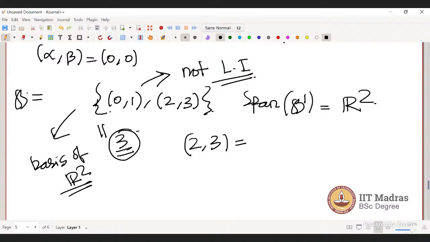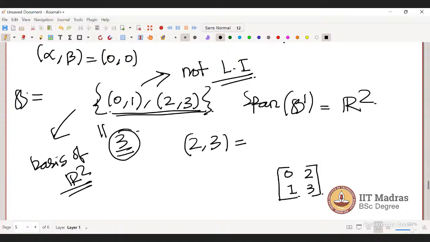If you want to represent them in matrix form, 0 1 2 3, what will be the dimension of it?